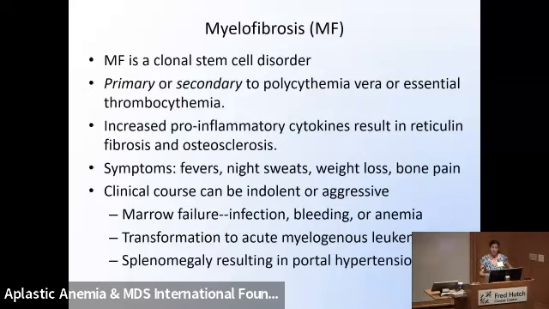Sometimes people have very long courses that are stable, and sometimes the kinetics of the disease are more rapid. Some of this is based on the mutations that Dr. Halpern talked about. As far as what we're looking for in terms of, is the disease now severe? And I'll go over the scales, but is the marrow failing?